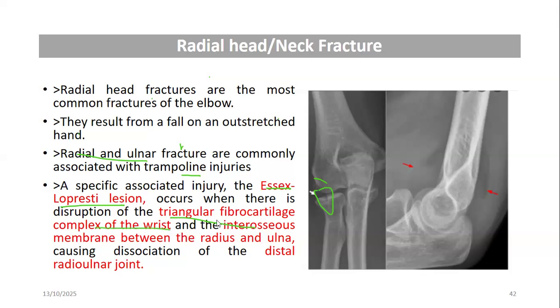The triangular fibrocartilage complex of the wrist, the interosseous membrane between the radius and ulna, and distal radioulnar joint dissociation.